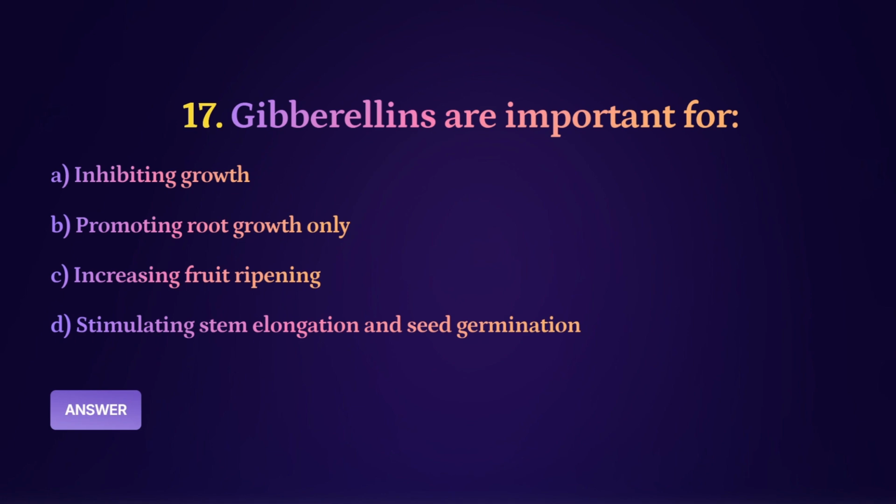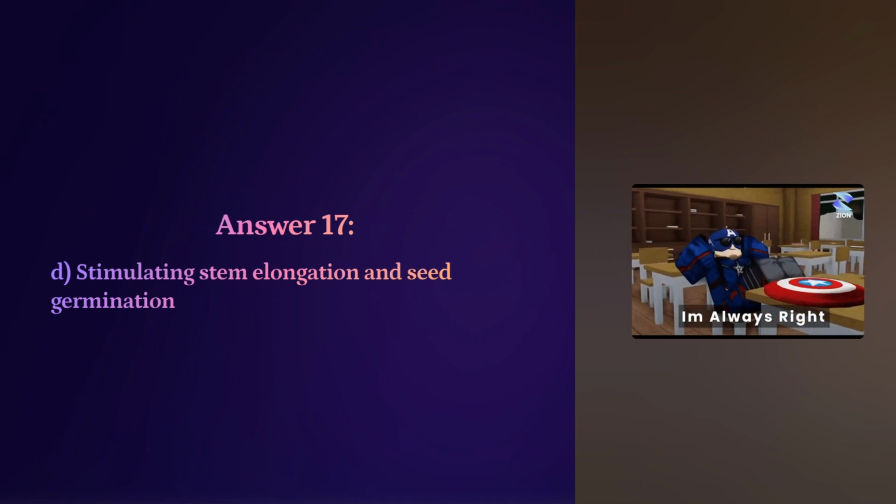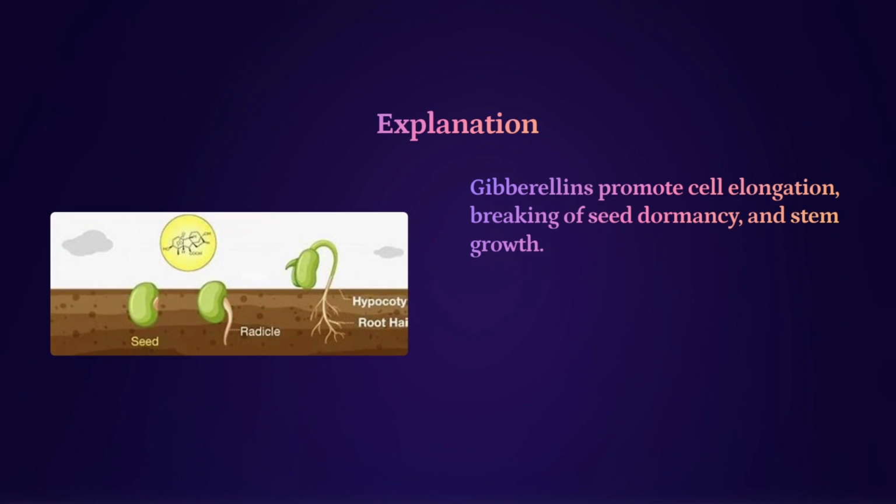So you must learn and revise all the hormones and the glands properly. The answer for this question is option D, stimulating stem elongation and seed germination. Gibberellins promote cell elongation, thereby breaking seed dormancy and stem growth.